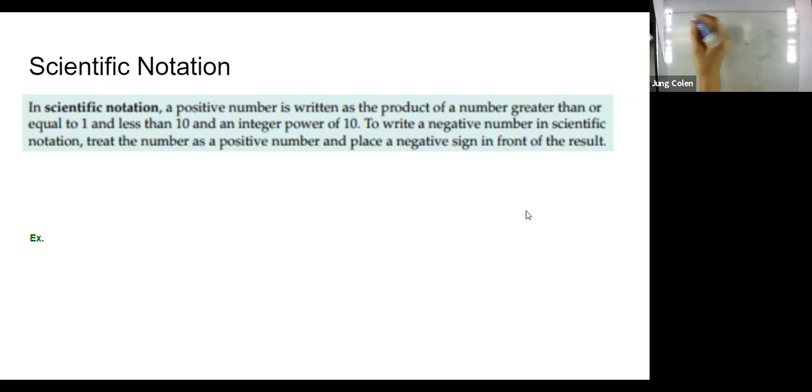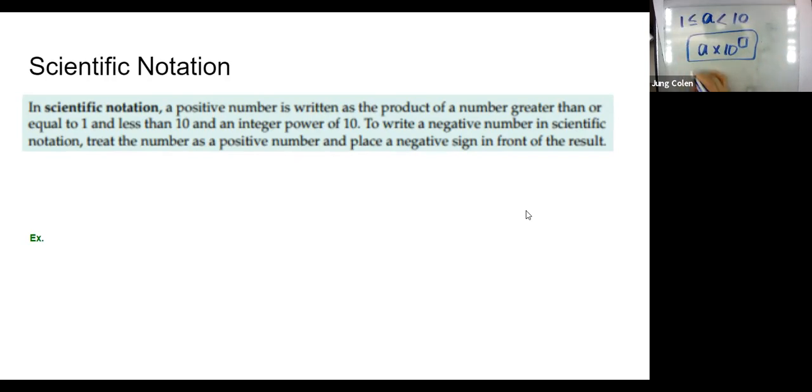So greater than or equal to 1, let's say A, and less than 10. So 9.57 is okay, but 10 point something you can't. So that number times 10 to some power. This is the form for scientific notation.